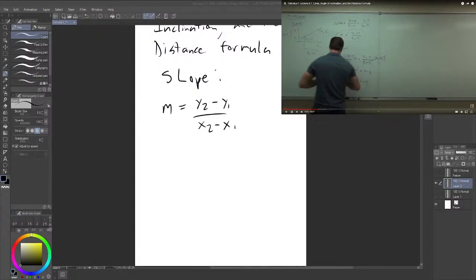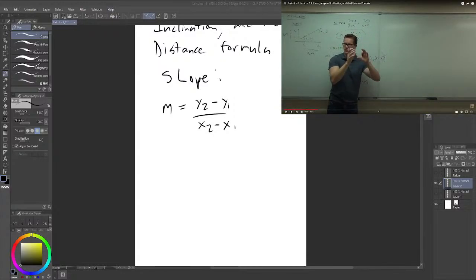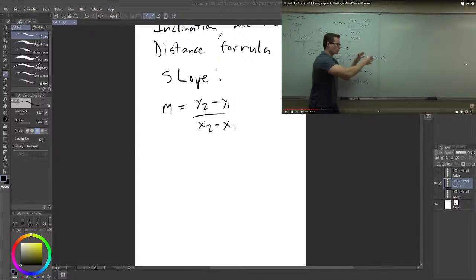Alright, back to it. So by manipulating our slope formula, interesting, isn't it? We fixed only one point, let the other one float around a little bit.